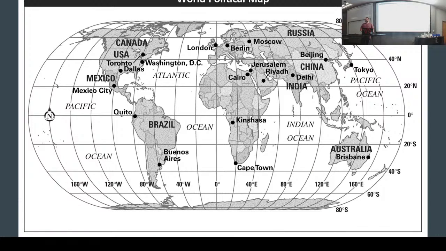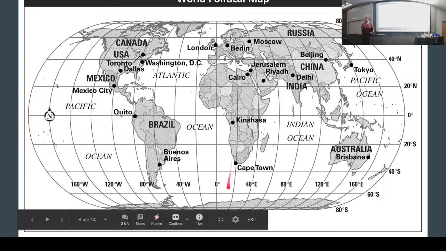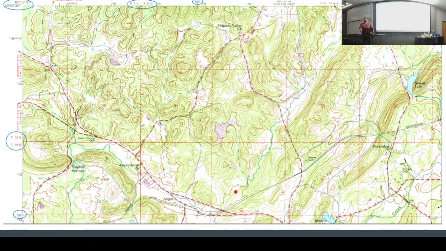So a safe estimate there would be around 35 degrees south, and we know we're right up against this line right here, and we can see that these lines are at about 20 degree intervals. So a safe assumption would be that it is 20 degrees east. So around 35 degrees south, 20 degrees east.